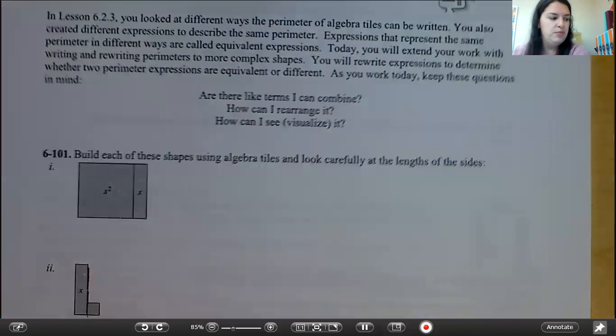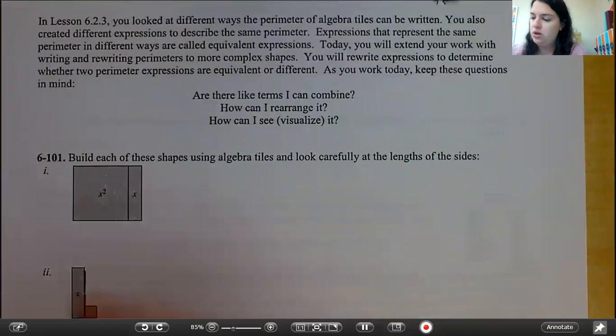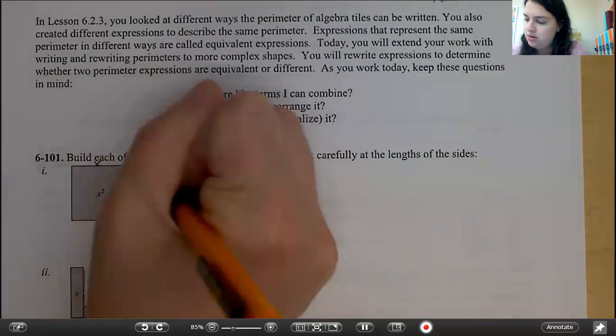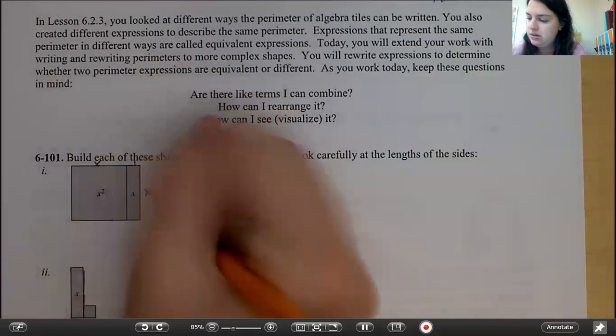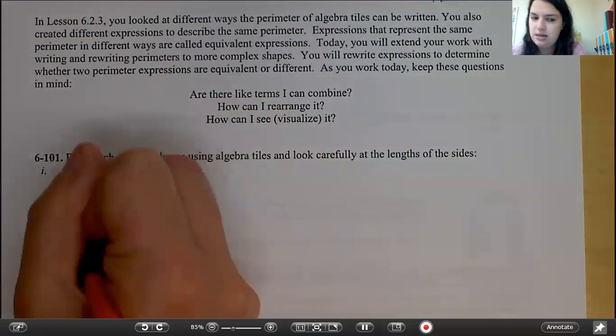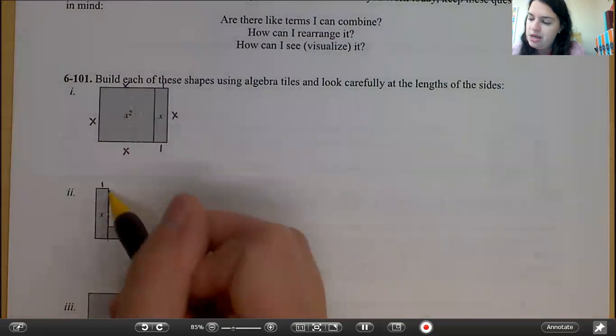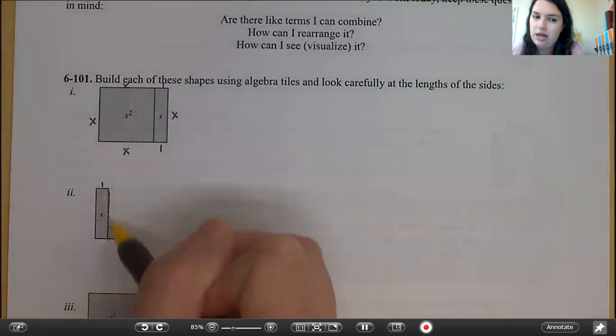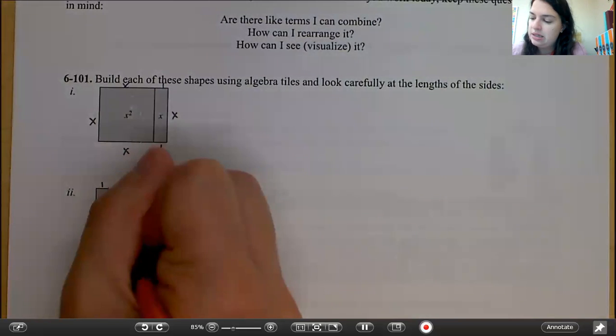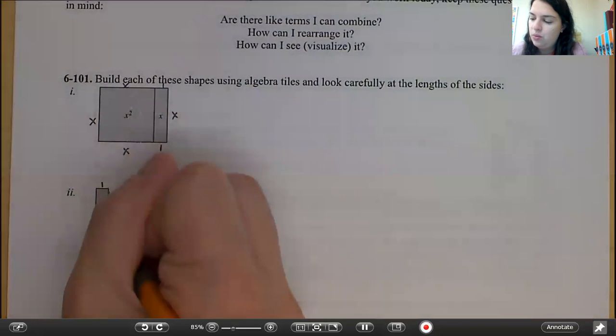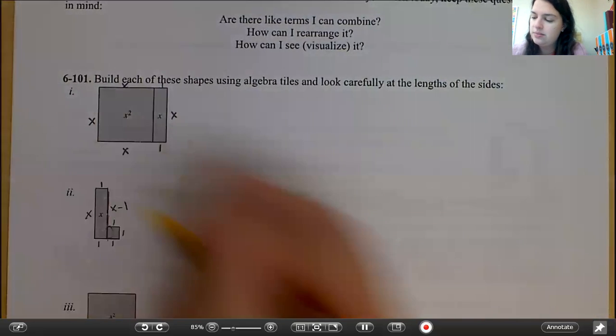If you're back with me, you should have labeled every side. For number 1, this should be x, 1, x, 1, x, and x. For number 2, this whole side length right here that I drew my pencil over is x, but it overlaps 1, so it becomes x minus 1, then 1, 1, 1, 1, and x.